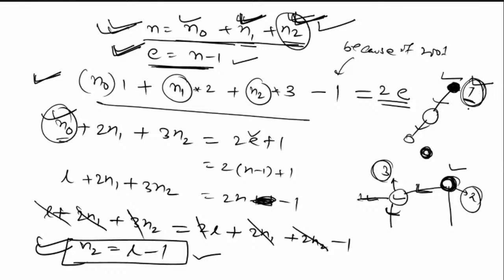That is the reason we are subtracting it. And finally this is equal to twice the number of edges, and we are using these 3 equations to get this result.